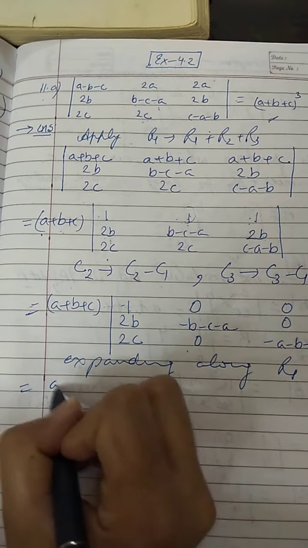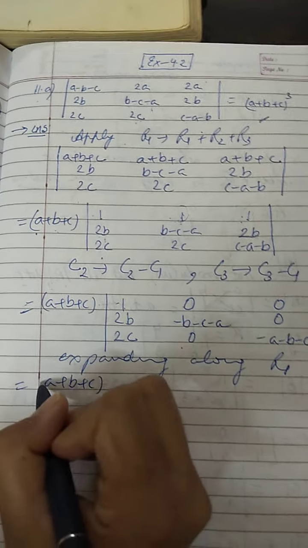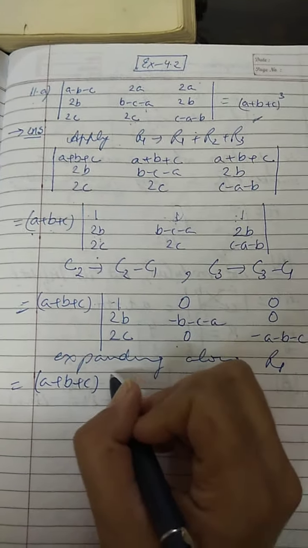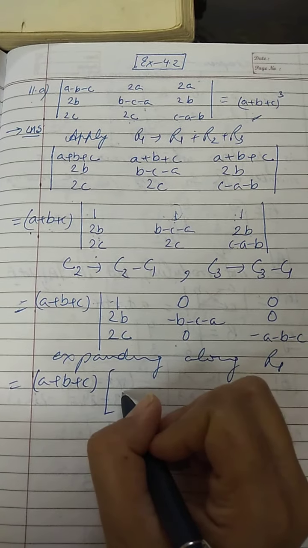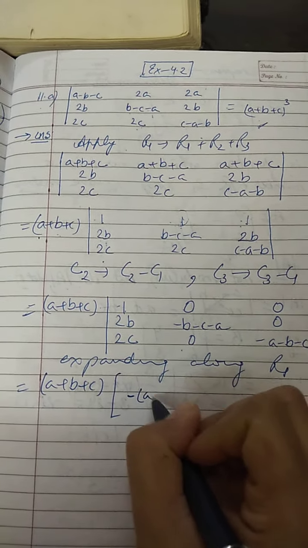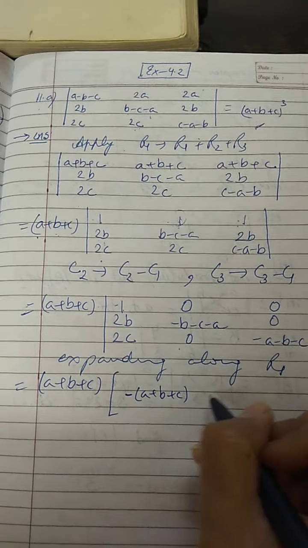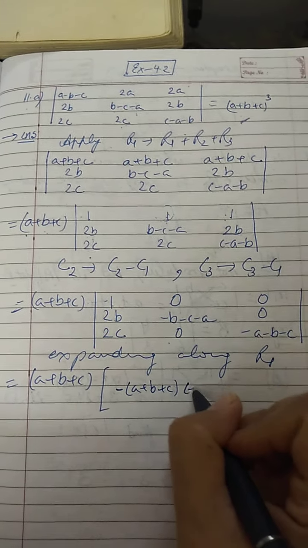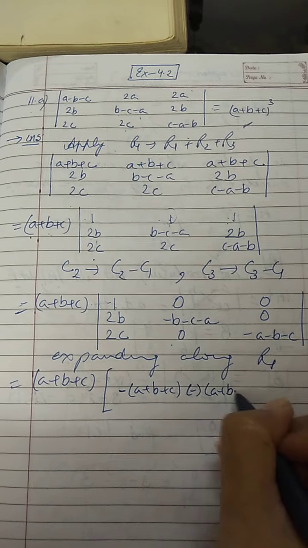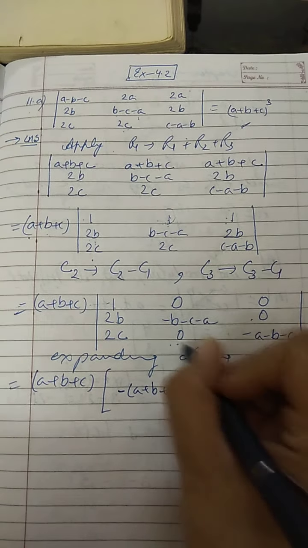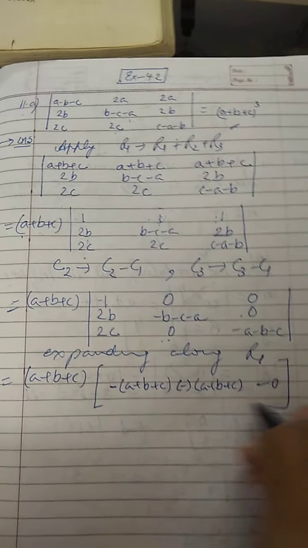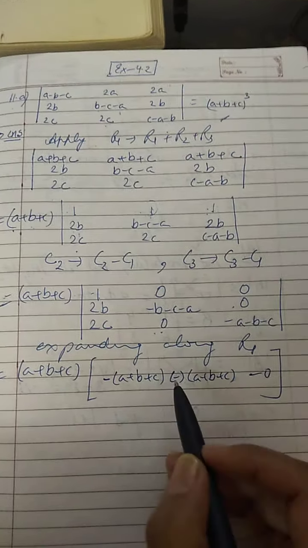Outside term a plus b plus c will remain as such. When we are expanding along this, it is plus 1 into, so if I take the minus sign common, I will get a plus b plus c. Here also if I take the minus sign common, it is a plus b plus c and minus 0. Minus into minus will become plus. So a plus b plus c into a plus b plus c. So our answer is there, right?